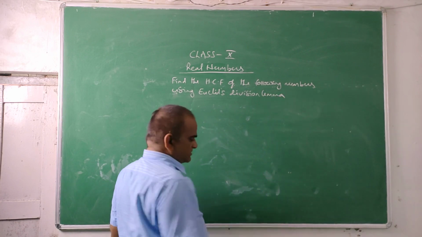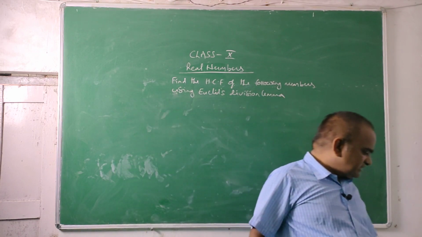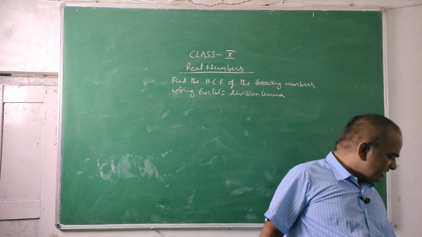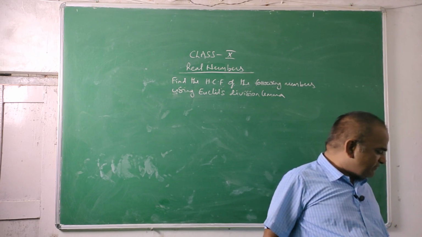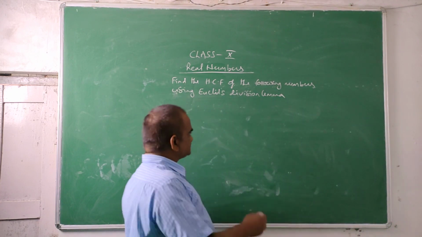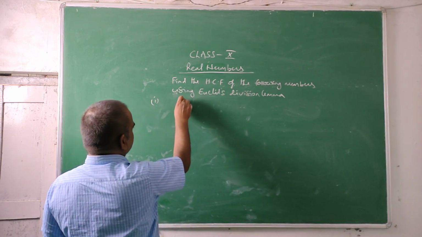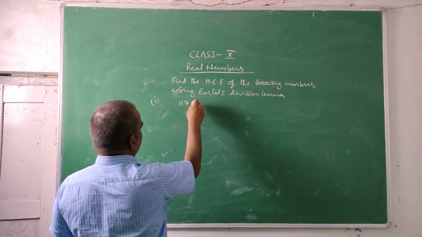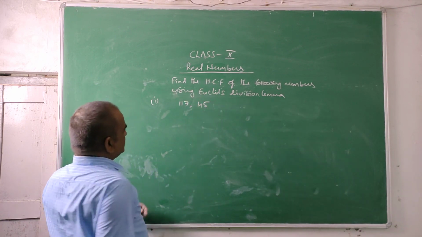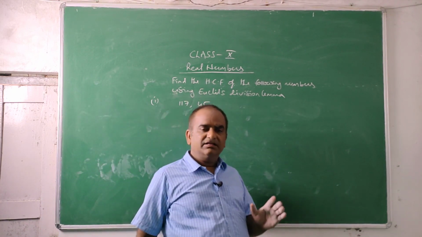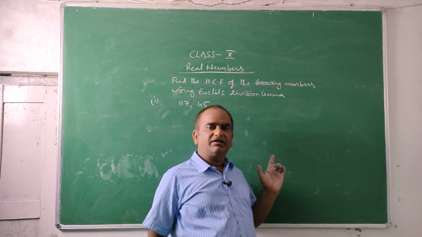See, the first pair of numbers I am taking as 117 and 45, right? First question. We are supposed to find the HCF of 117 and 45.